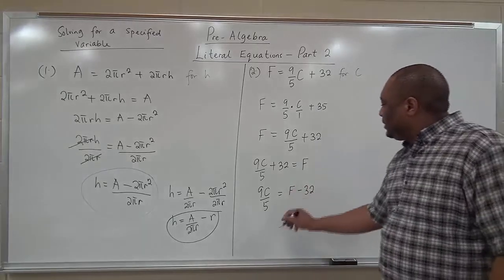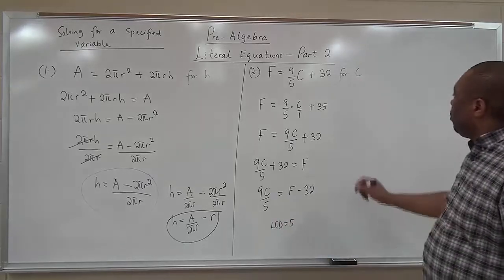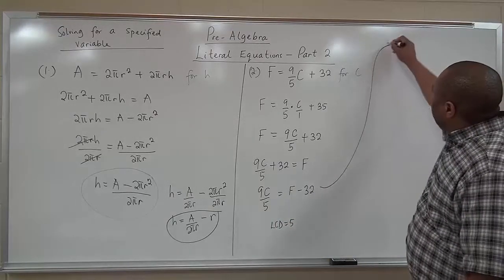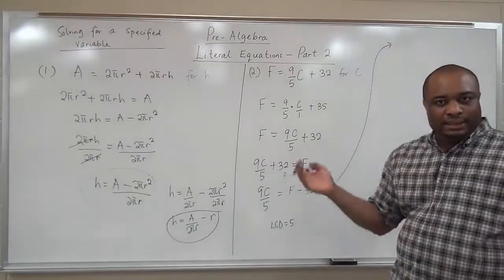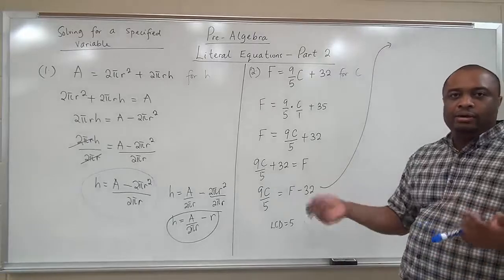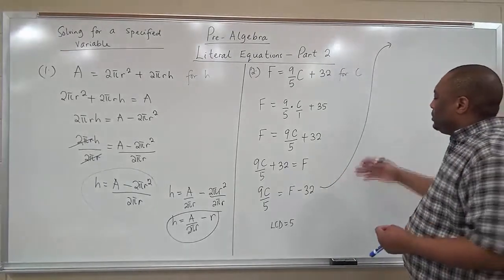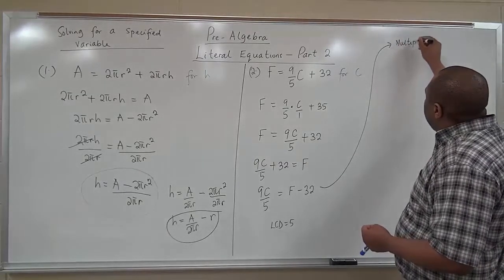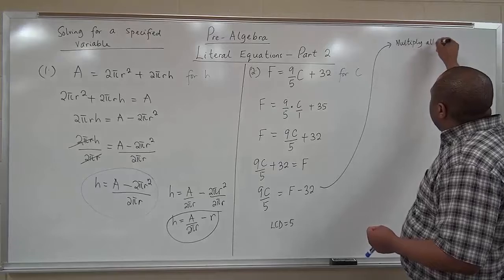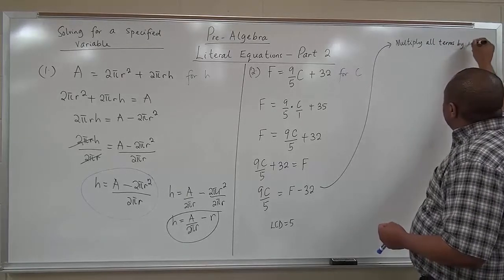So we now have that our LCD is 5. What we want to do here is multiply both sides, all terms, by the LCD. Okay? Multiply all terms by the LCD. If you view my videos on fractional equations, by the LCD, which is 5.